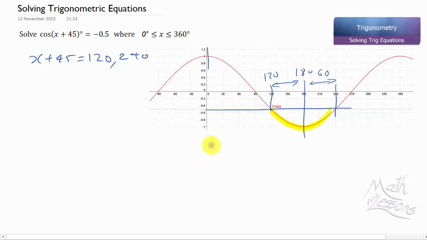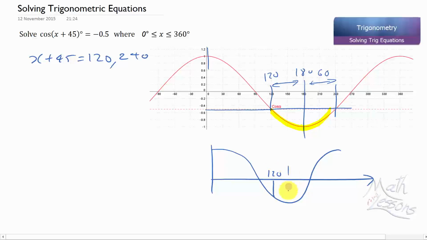So you'd be expected to memorize the shape of the curve. You get your first value out at 120. You realize you got 180 there. So looking for your next value, you realize that distance and that distance must be exactly the same. They're both 60. So this comes out as 240.